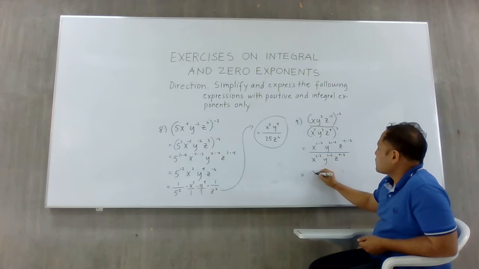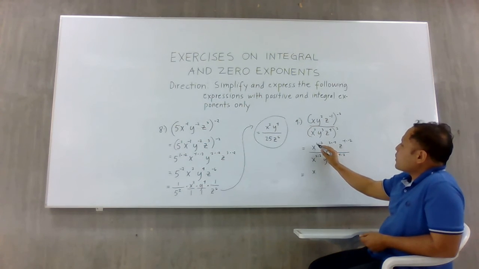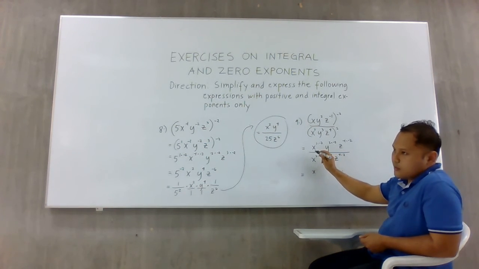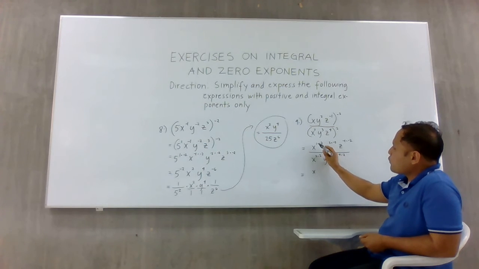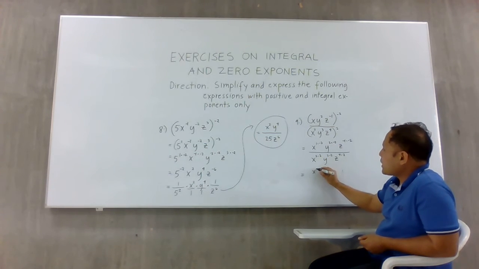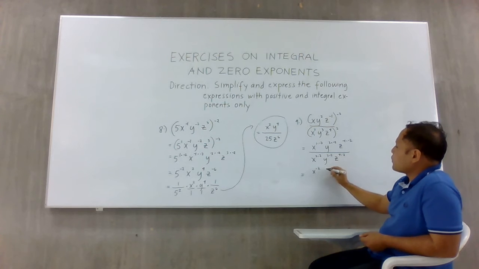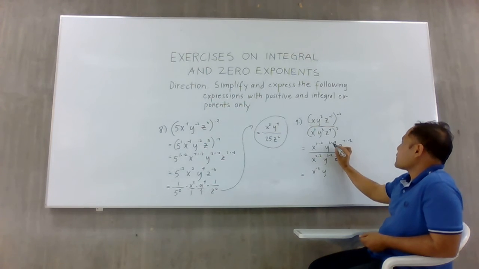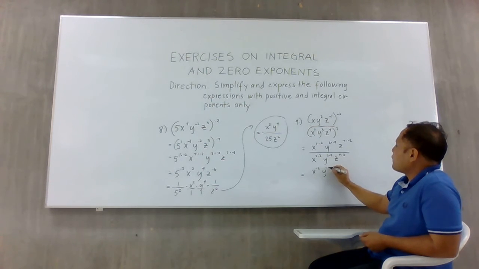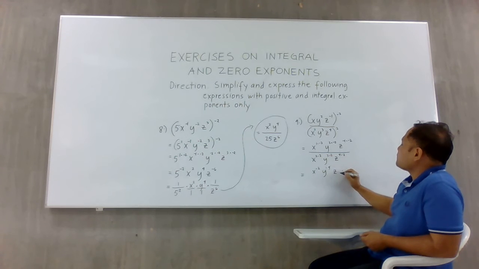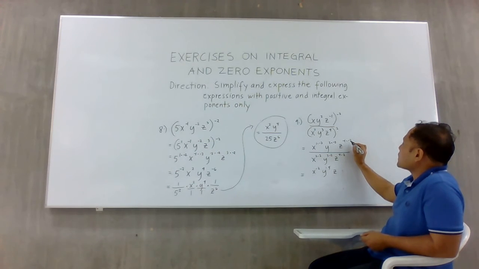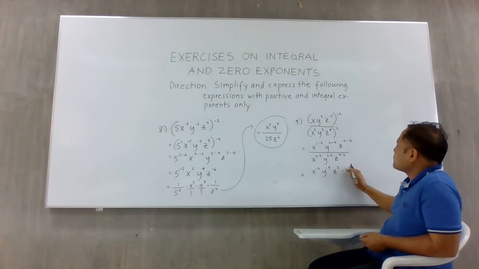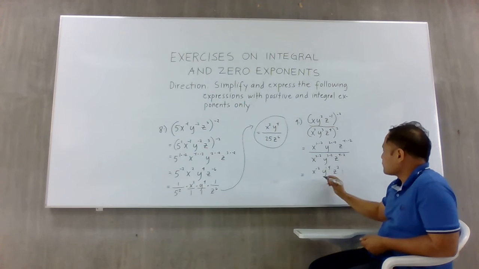Okay. So in the numerator, we have 1 times the x. So on the factor x, we have 1 times negative 2. We have exponent negative 2. Y, okay, 2 times negative 2, negative 4. Z, negative 1 times negative 2, positive 2.